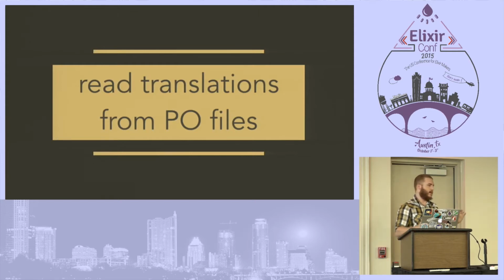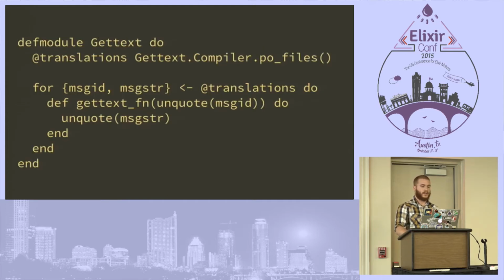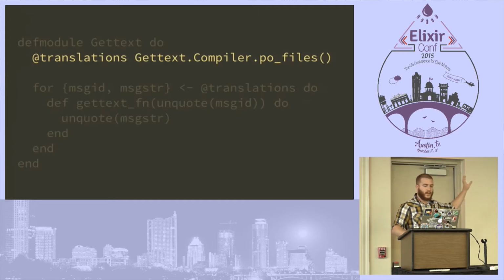Basically, you need to convert the translations you have in PO files to Elixir data, right? And so we use a very common pattern that is used pretty often in Elixir, which is we generate function clauses dynamically at compile time, one for each translation, right? So the simplified code looks something like this. We have a Gettext module, and what we do is we read the PO files at compile time.